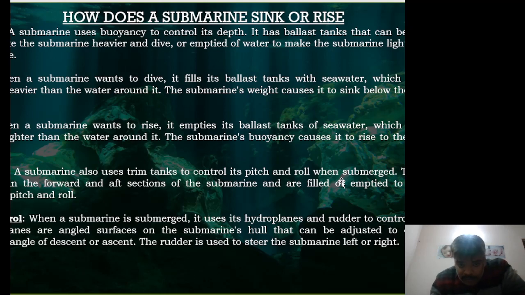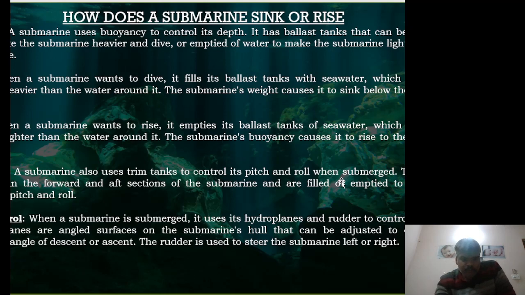Trim tank. A submarine also uses trim tanks to control its pitch and roll when submerged. These tanks are located in the forward and aft section of the submarine and filled or emptied to adjust the submarine's pitch and roll. If the submarine wants to incline at some angle, then these trim tanks help.